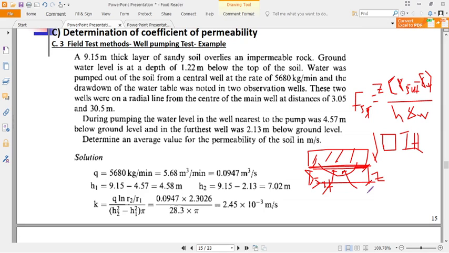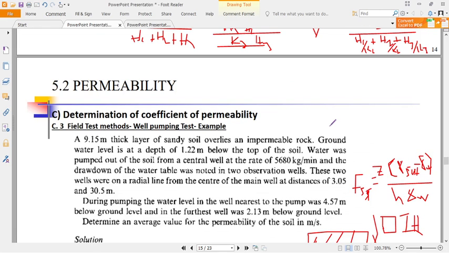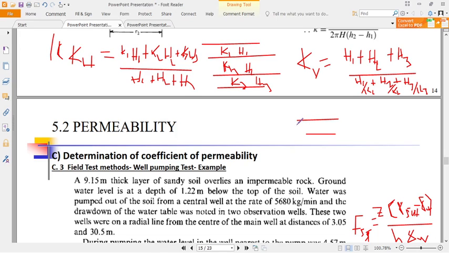So let us assume this is the existing surface when the water table is just near the surface, and the material is saturated.